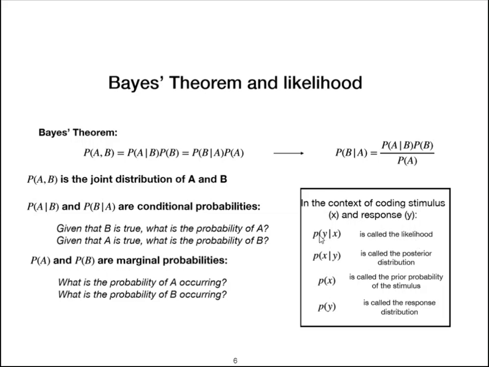The probability of response given the stimulus is the likelihood. The other way around, the probability of stimulus given the response, is called the posterior distribution. Then P(X) and P(Y) are respectively called the prior probability of the stimulus and the response distribution.